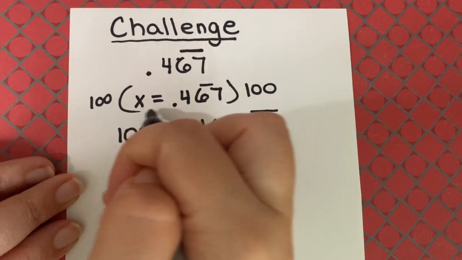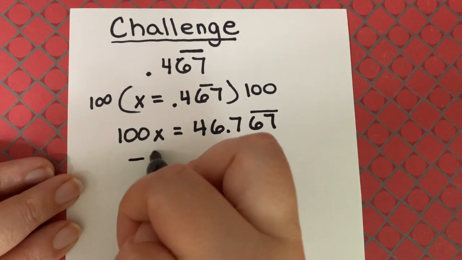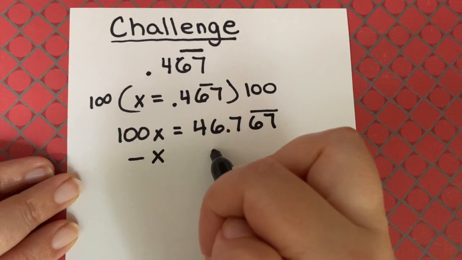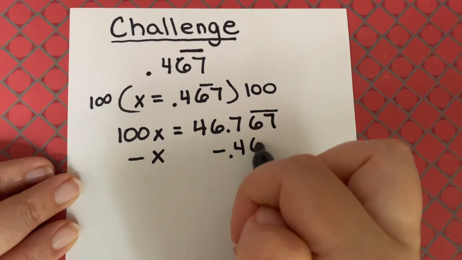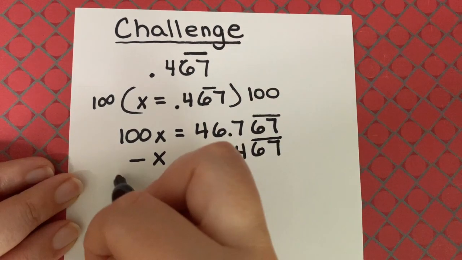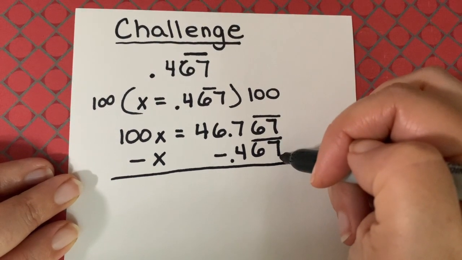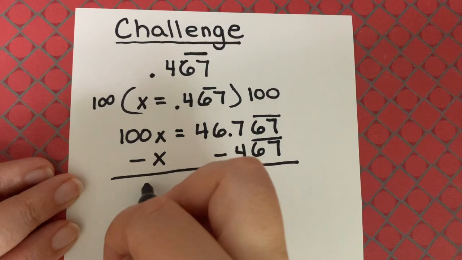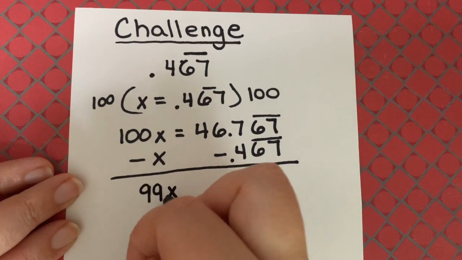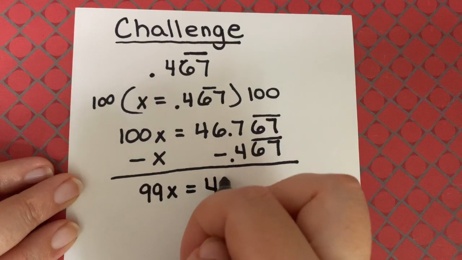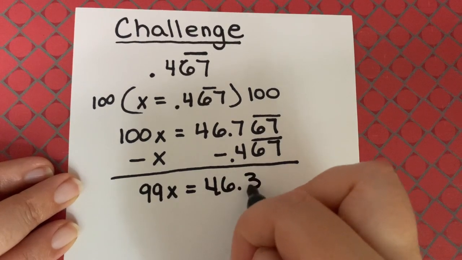Then we subtract this piece, so we subtract x, and we subtract 0.467. Again, the beauty of this is that now the repeating part is gone. So we get 99x equals 46.3.